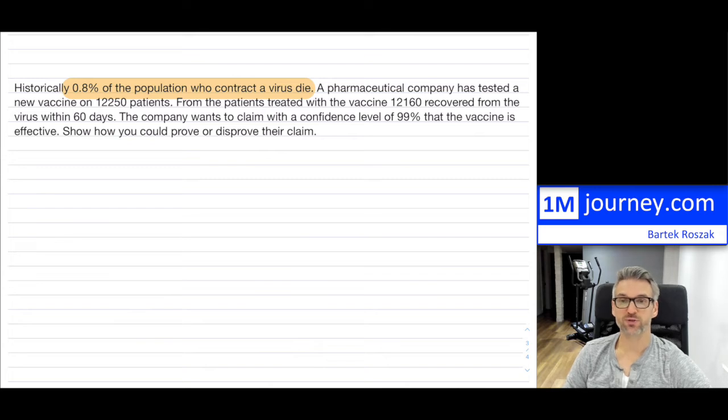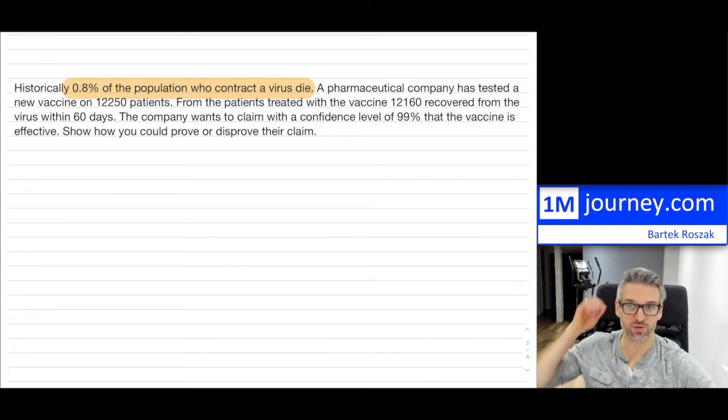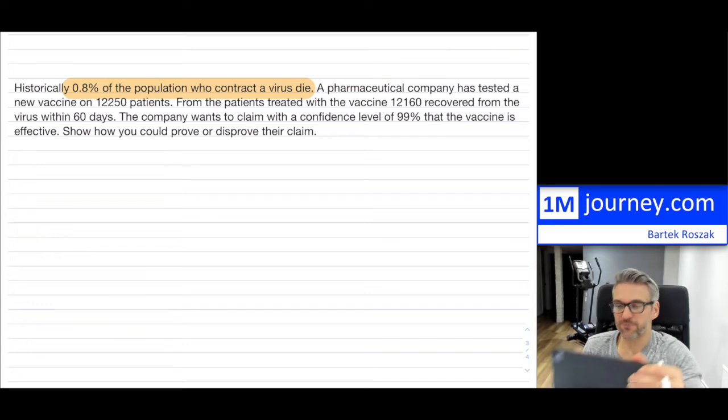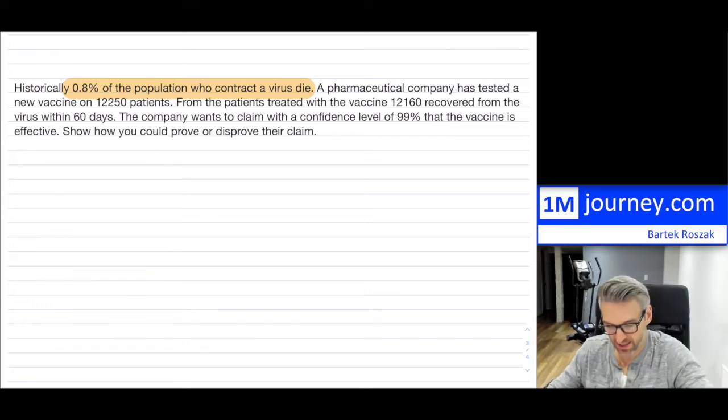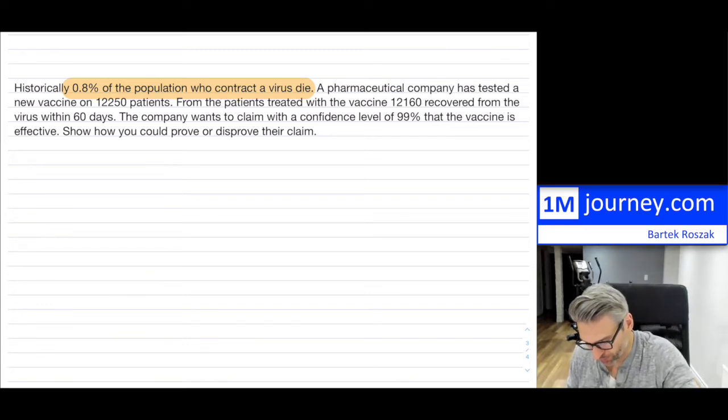Well, we can try to test it out and see what happens quantitatively. Now, this is an actual binomial distribution. So let's try to see how we could approach this.